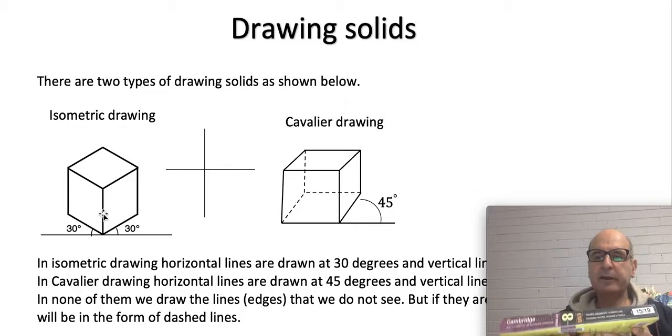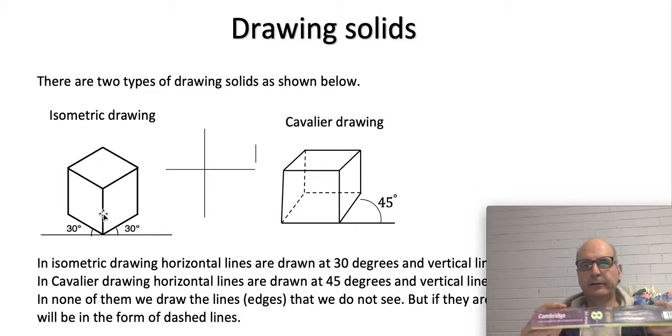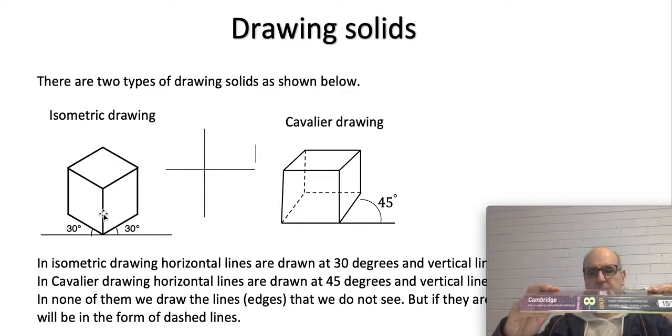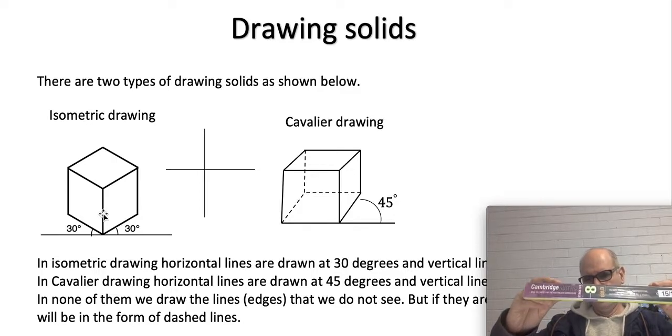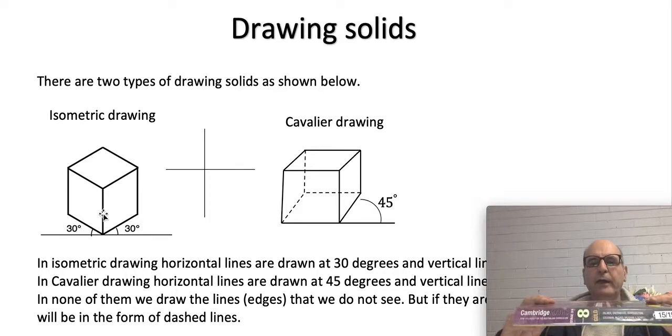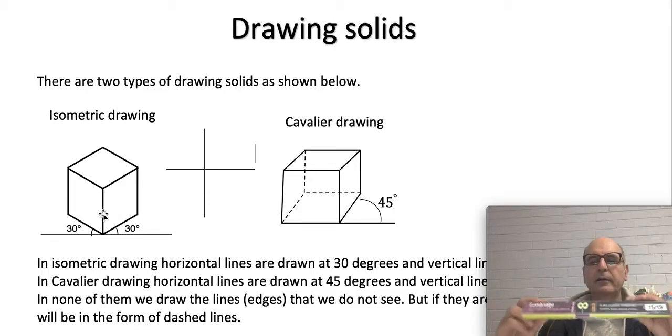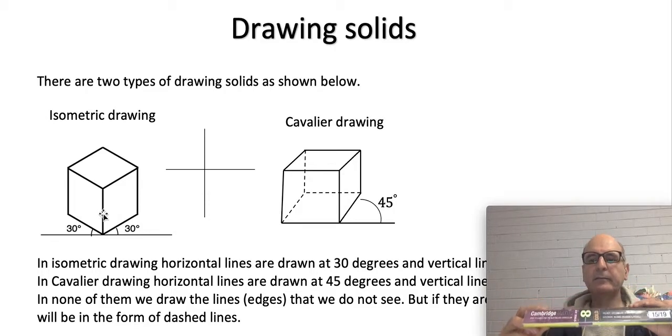Say that's a textbook, and it is in the form of a rectangular prism. When you look at it, all you see is this front face, which is just a rectangle. You see that rectangle?